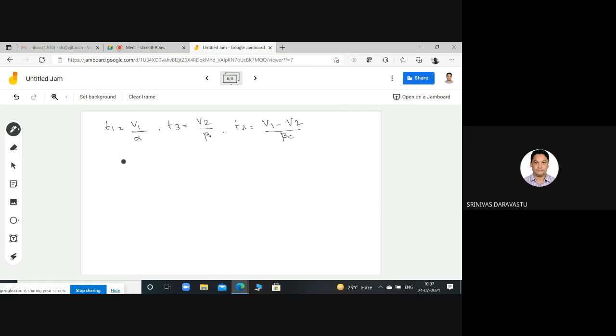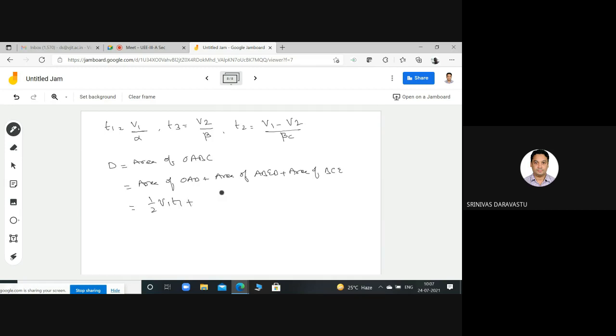Now the total distance traveled by the train, D, equals the area of OABC, that equals the area of OAD plus the area of ABED plus the area of BCE. The area of OAD equals half into V1 into T1.